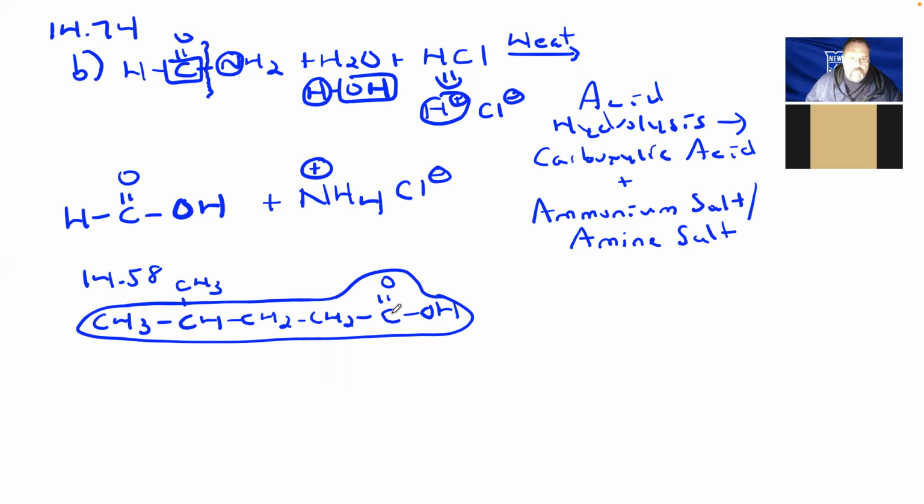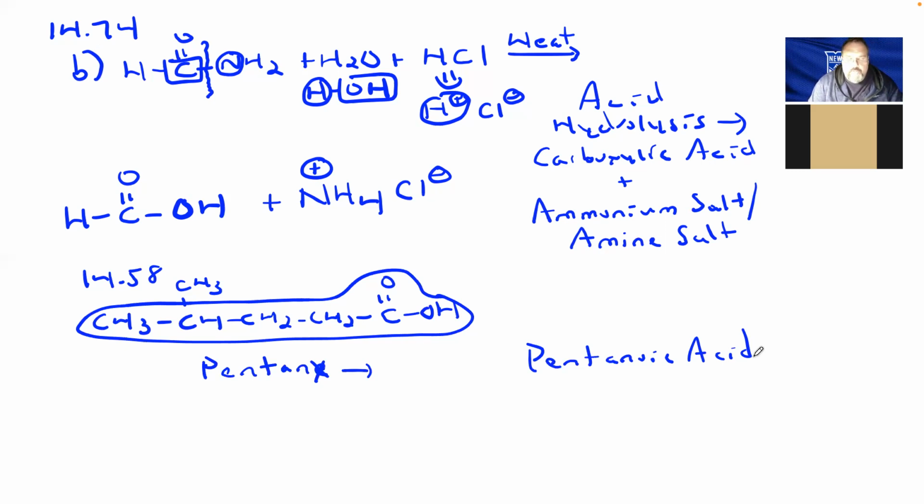Two ways of getting it: 1, 2, 3, 4, 5, or 1, 2, 3, 4, 5. In this course, they should turn out to be exactly the same, and it definitely is. So a 5-carbon chain, which would give us a parent name of pentane, take out the E and replace it with oic acid. So the parent name for this compound would be pentanoic acid.